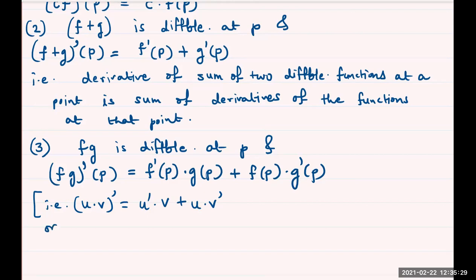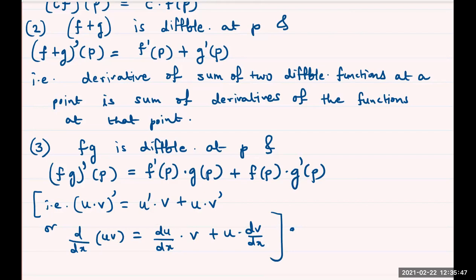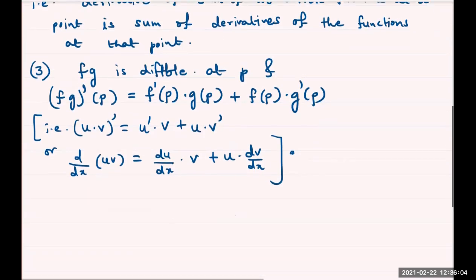Okay, or you also could write it as d by dx of U into V is du dx into V plus U into dv dx. This is how you studied in 12th standard. Now we are talking about derivative of a function at a point, इसलिए थोड़ा हमारा नोटेशन अलग है. याद आया ना सबको? फॉर्मूला वही है.